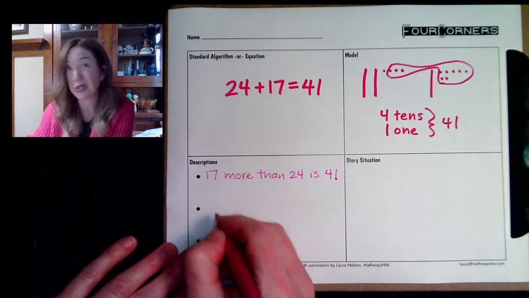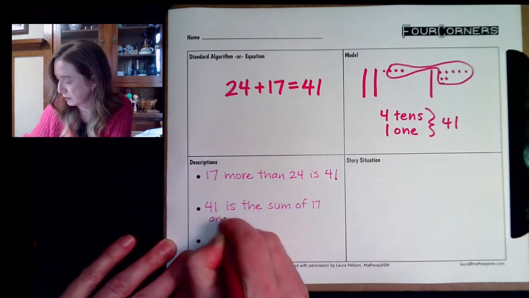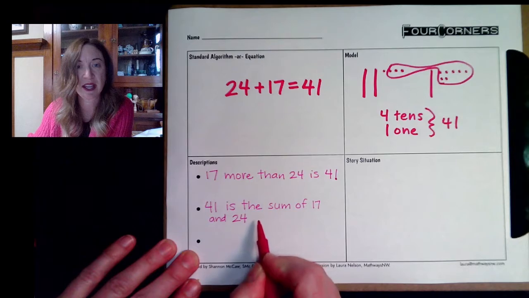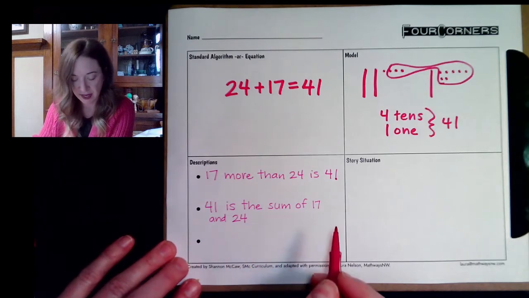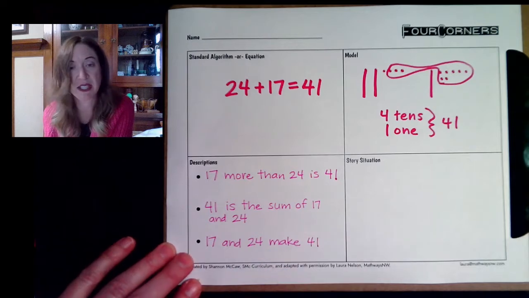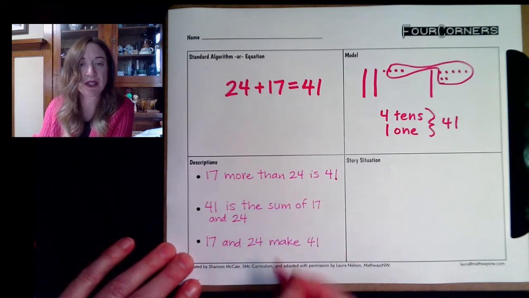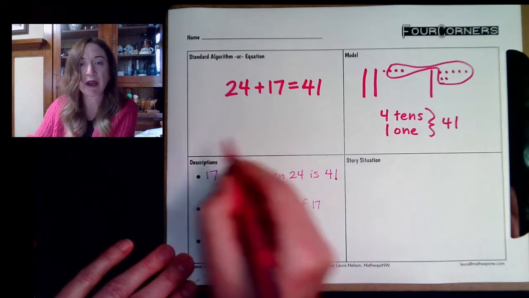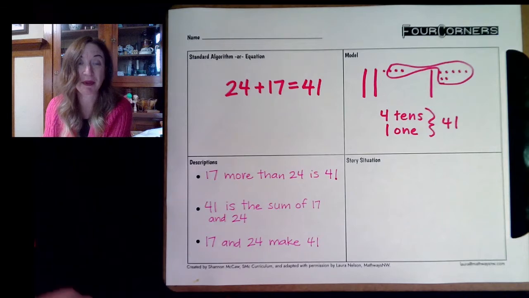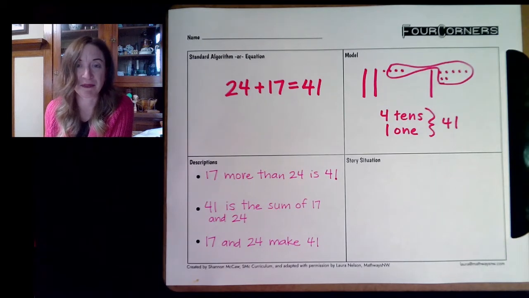I could also use some math words I've learned and say 41 is the sum of 17 and 24. And I could also say 17 and 24 make 41. So that's how I do the descriptions. And if you have the piece of paper that doesn't have these dots on it, I still want you to come up with 3 different ways to describe that equation.